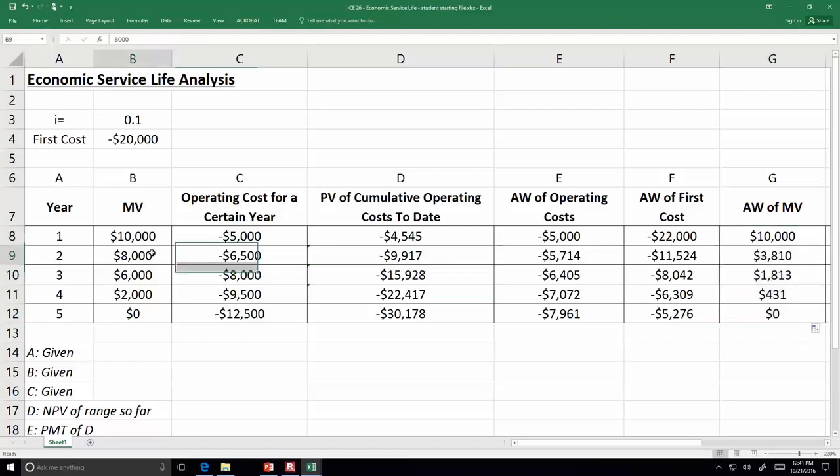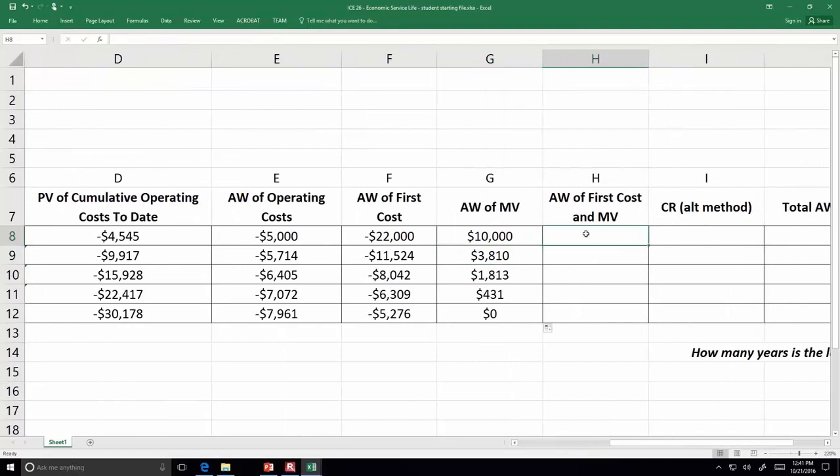So for instance, instead of taking 8,000 at the end of year 2, that's the same as taking 3,810 at the end of year 1, and then the same amount at the end of year 2. So you're spreading out the value of reselling the item evenly over a certain number of years.